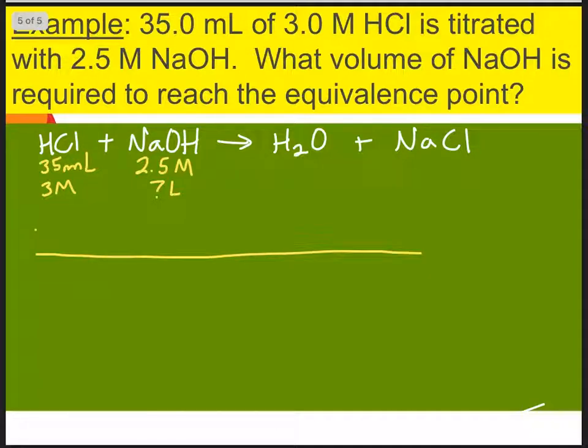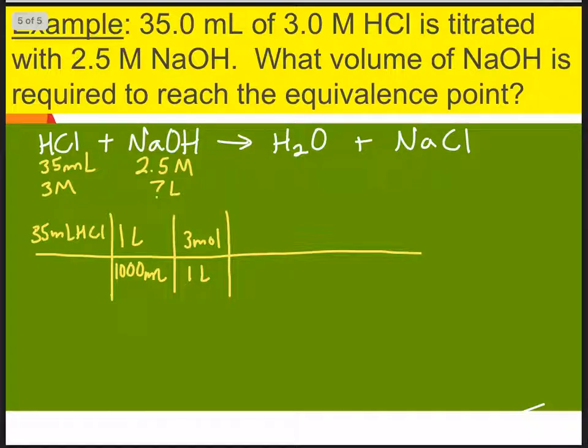So I'm going to start with 35 milliliters of HCl. I'm going to go into liters using 1,000 to 1. Now I can use my molarity. There are 3 moles per liter of HCl.